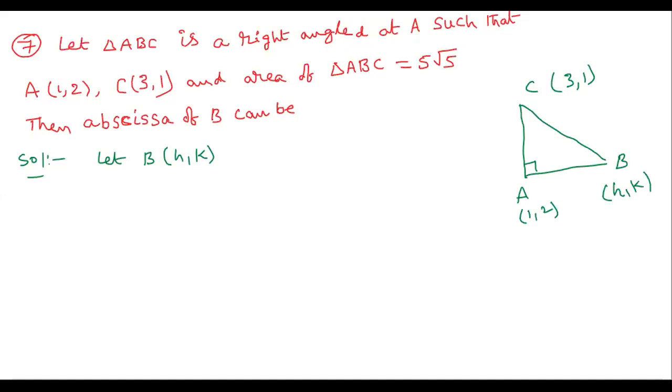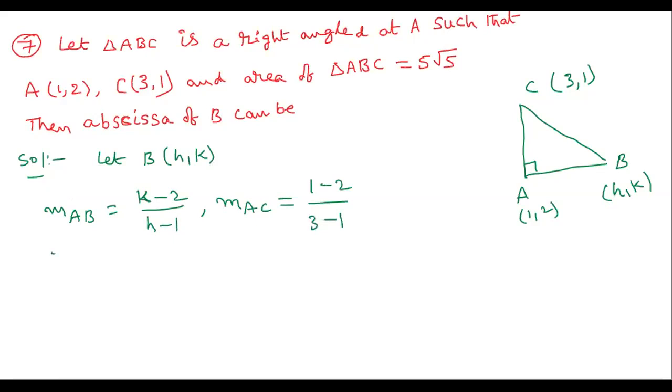Now here observe the slope of AB. Slope of AB, how much? Slope of AB is equal to K minus 2 divided by H minus 1. And slope of AC is 1 minus 2 divided by 3 minus 1.